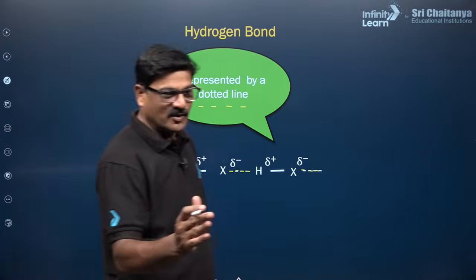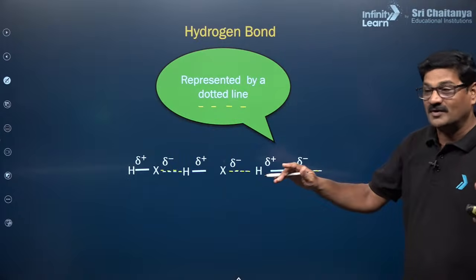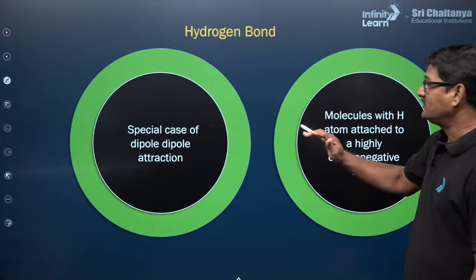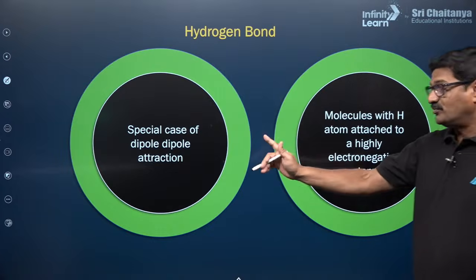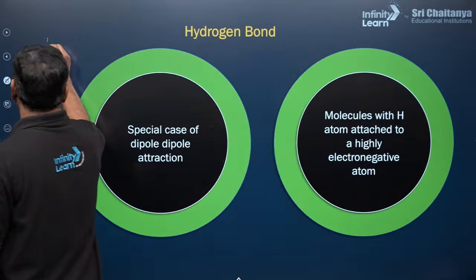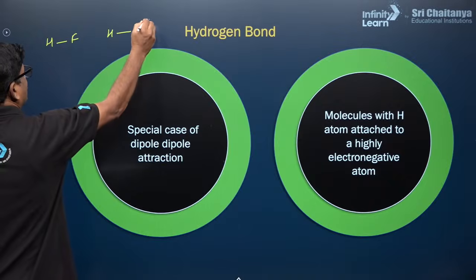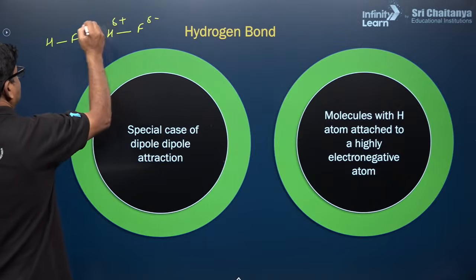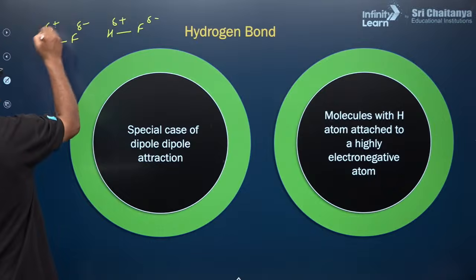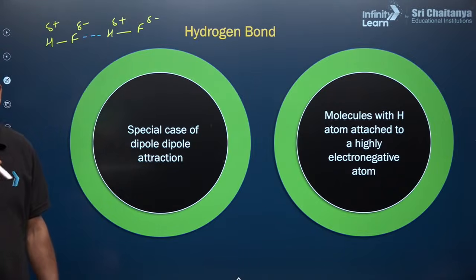And this hydrogen bonding is of two types, within the molecule and between molecules. Hydrogen bonding is a special case of dipole-dipole attraction. If you take hydrogen fluoride and hydrogen fluoride, there is a partial negative charge and a partial positive charge, and there is hydrogen bonding.